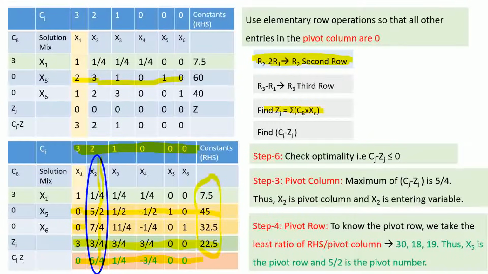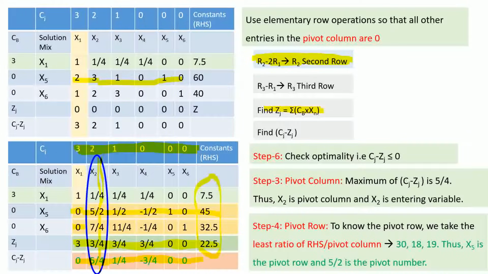So we divide 7.5 by 1 over 4, 45 by 5 over 2, and 32.5 by 7 over 4. So we get 7.5 divided by 1 over 4 is 30, 45 divided by 5 over 2 is 18, and 32.5 divided by 7 over 4 is 19.